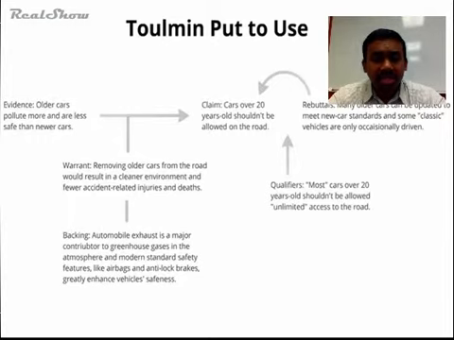Automobile exhaust is a major contributor to greenhouse gases in the atmosphere, and modern standard safety features like airbags and anti-lock brakes greatly enhance vehicles' safeness. And the rebuttal is many older cars can be updated to meet new car standards, and some classic vehicles are only occasionally driven. And the qualifier here is most cars over 20 years old shouldn't be allowed unlimited access to the road.